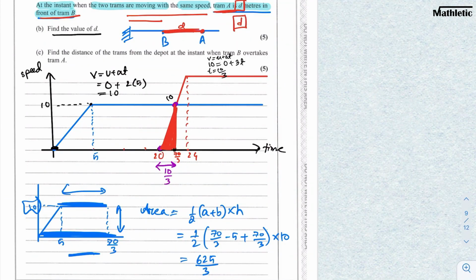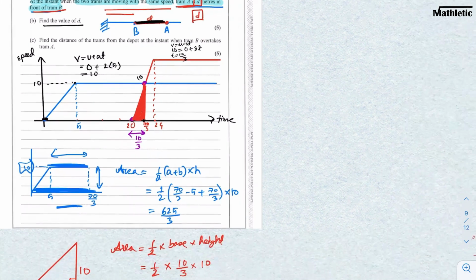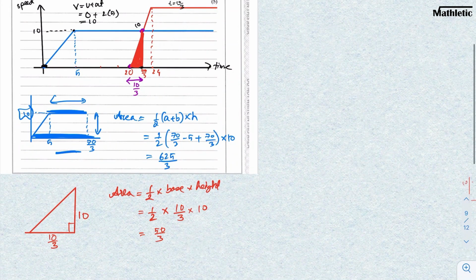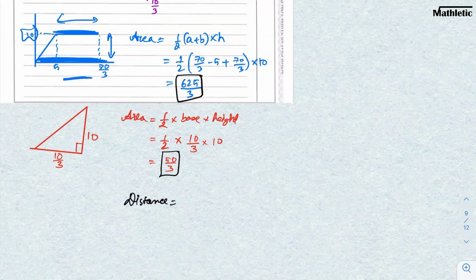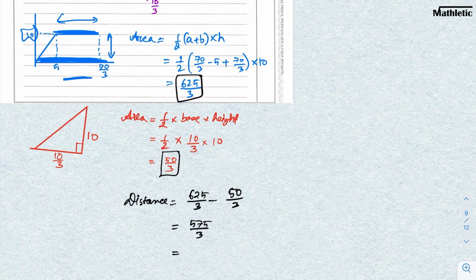We need to find the value of D. D is the difference between them, so we will just deduct these two distances: 625/3 minus 50/3, which is 575/3.